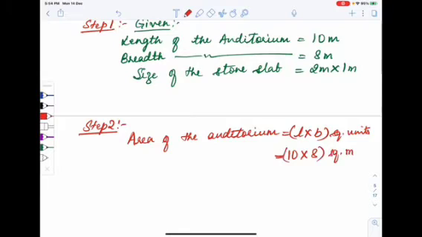So I write it as square meters. 10 into 8 is 80 square meters, or this also could be written as, I said, children, meter square. Both are right. So the area of the auditorium is 80 meters square.